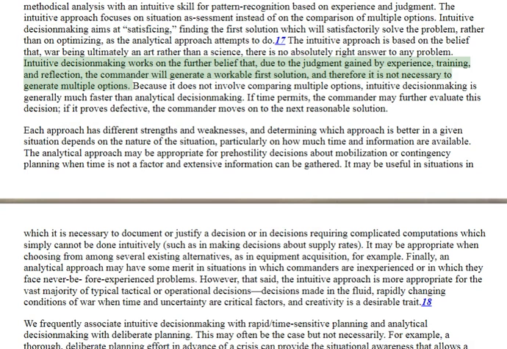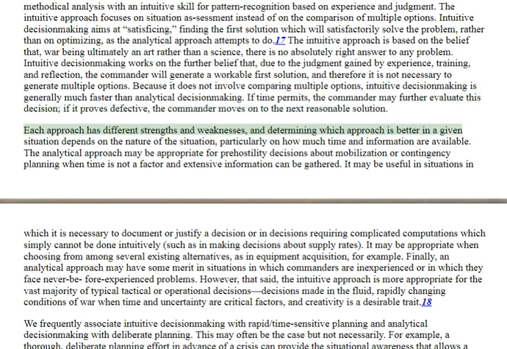Intuitive decision-making works on the further belief that, due to the judgment gained by experience, training, and reflection, the commander will generate a workable first solution, and therefore it is not necessary to generate multiple options. Because it does not involve comparing multiple options, intuitive decision-making is generally much faster than analytical decision-making. If time permits, the commander may further evaluate this decision. If it proves defective, the commander moves on to the next reasonable solution.